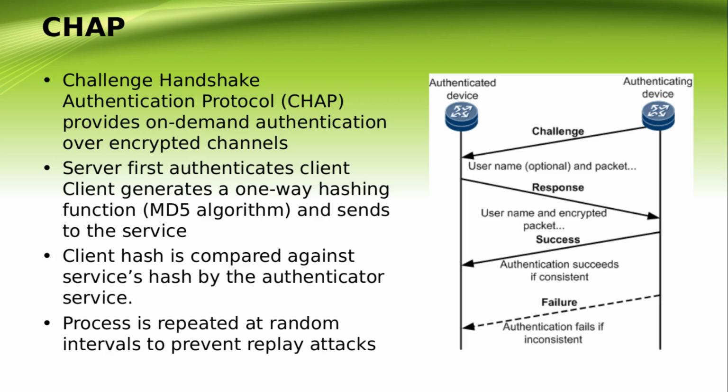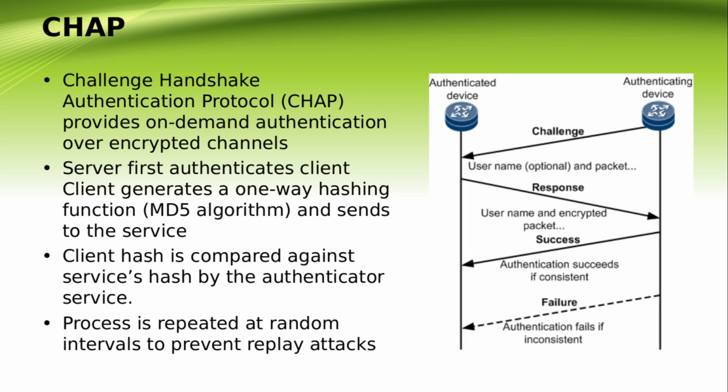The client creates a hashed value that is derived using the message digest MD5 hash algorithm and sends this value to the server, which also calculates the expected value itself. The server, referred to as the authenticator, compares the two values. If they match, the transmission continues.